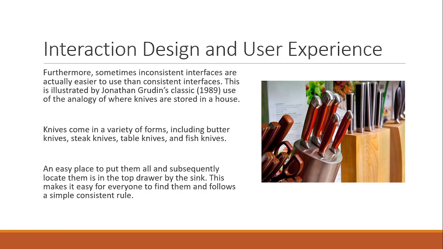So this is illustrated na siya by the classic example of Jonathan Grudin, with the use of the analogy of where knives are stored in the house. So knives come in a variety of forms, including butter knives, steak knives, table knives, and then fish knives. So damo na siya sizes, damo na sila purpose. So an easy place to put them all and subsequently locate them is in the top drawer by the sink.